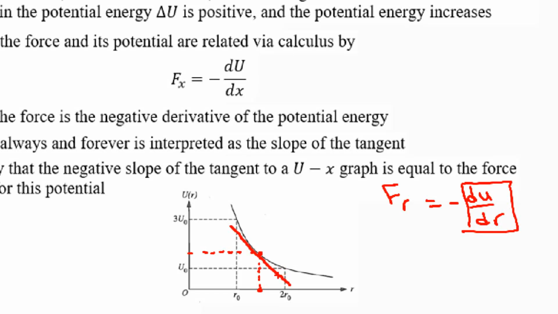We can calculate the slope. Then the force F at this specific position, let me say it's 3/2 r0, would be equal to the negative of the slope of this tangent, which has been represented here.